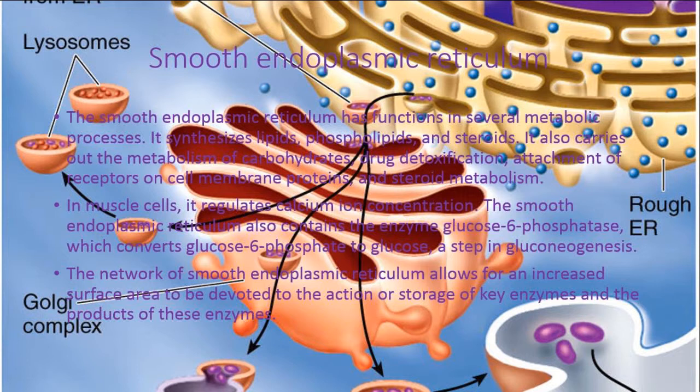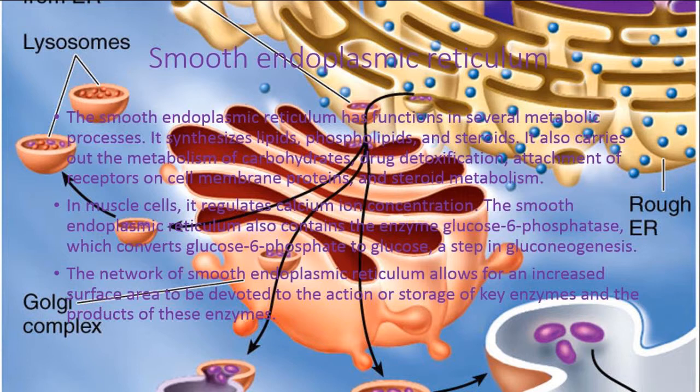We can say that all cells have smooth endoplasmic reticulum, they are everywhere, but they say here that cells which secrete these products, such as those in the testes, ovaries, and sebaceous glands, have more of it.